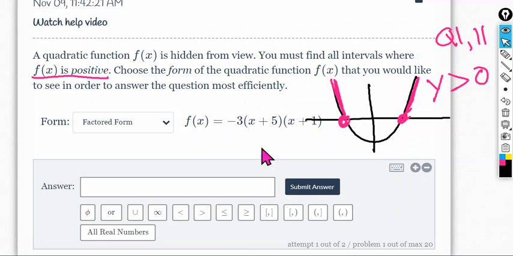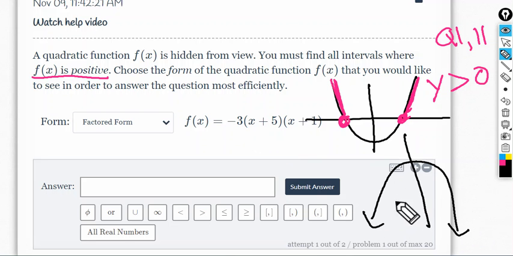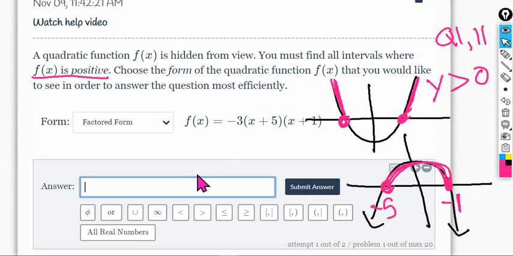Now I'll draw this one concave down as well because this one's concave down. And this, quadrants 1 and 2, is where f of x is positive. Notice here we've got -5 and -1. Between them is where f of x is positive.